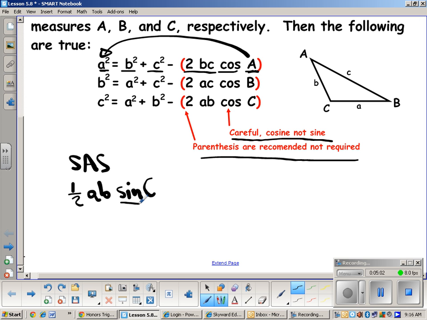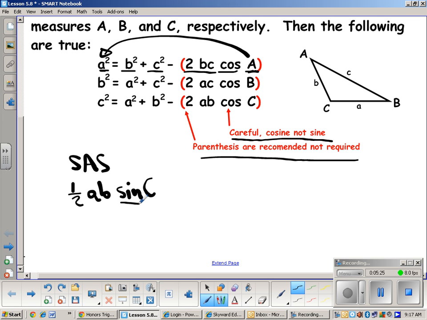I have to stop and think. I'm pretty good at it, and I still have to stop and think, okay, which one goes in there? When I haven't done it in a long time, sometimes I get the wrong one. I have to look it up. If I can make that mistake occasionally, then I know you can make that mistake. So I'm cautioning you to be very careful of that.